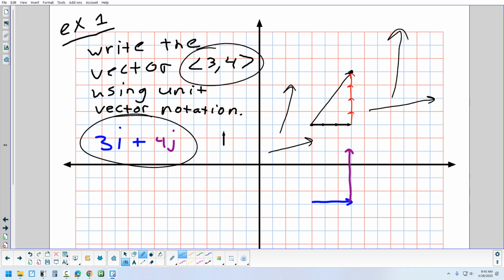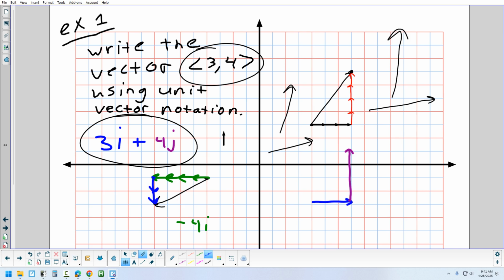Yeah? Make them negative. Yeah, if you make i's and j's negative, then like, let's say you wanted to get from here to here. Well, to do that, you would need 1, 2, 3, 4 i's going to the left, which means you need negative 4i, and you need 2 j's going down.